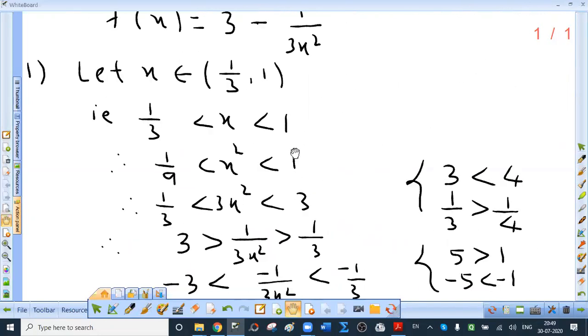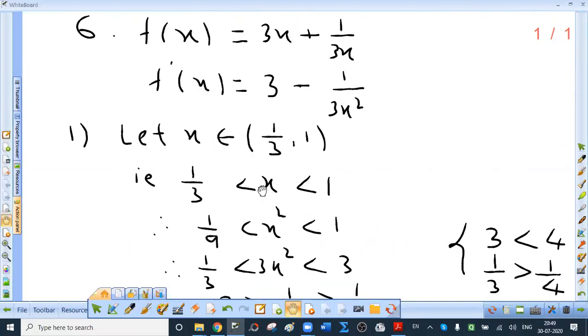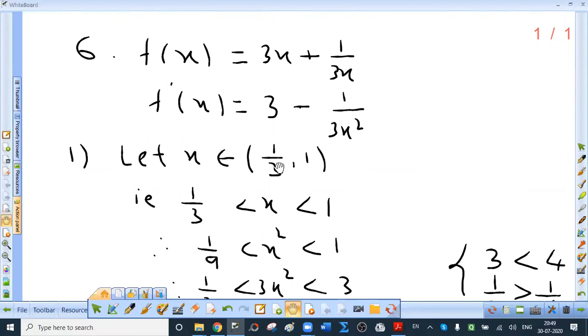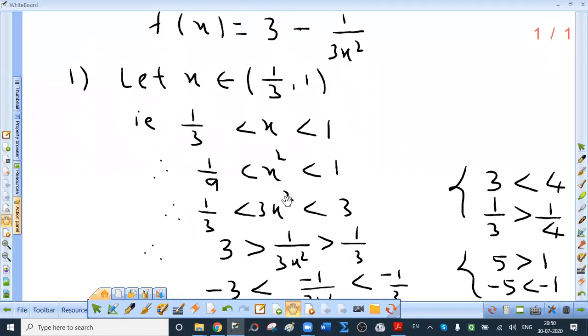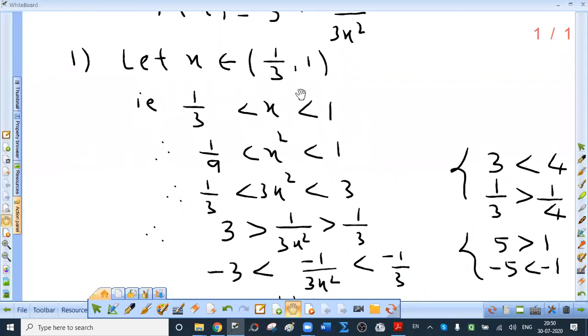See, right from the beginning. We begin with f of x, 3x plus 1 upon 3x. So what is f dash of x? 3 minus 1 upon 3x square. Now we begin with this interval. See, this is domain. X assumes values between 1 upon 3 and 1. So 1 upon 3 less than x less than 1. Now in place of x, we have to obtain f dash of x step by step. First I square, then I multiply by 3.